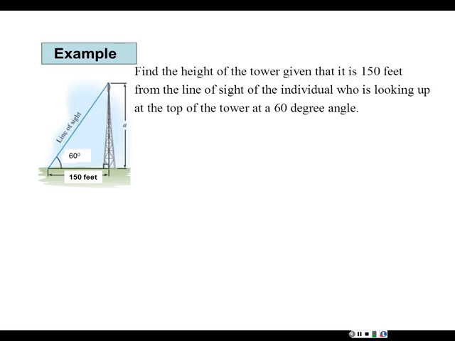Yeah, the tangent and cotangent both work best for this, because they both are defined in terms of opposite and adjacent. You can try with other ones, but that will be difficult for this problem.